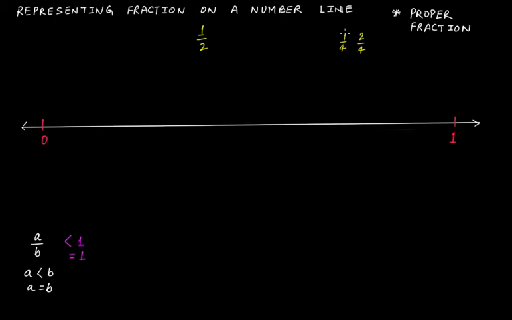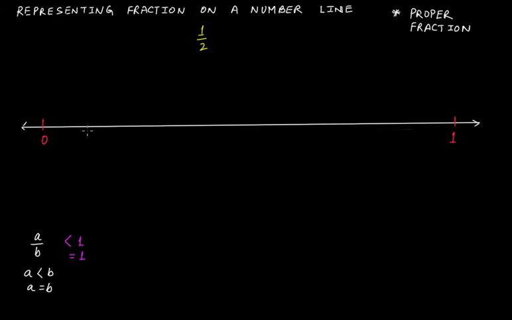So the numerator tells how many parts you have taken out; in this case we took out only 1 part. And the denominator tells you into how many total parts that pizza was divided.